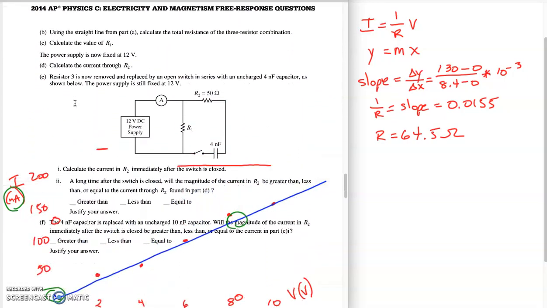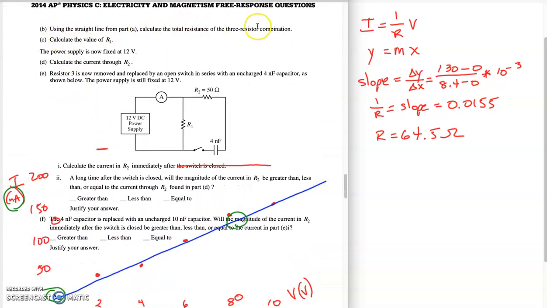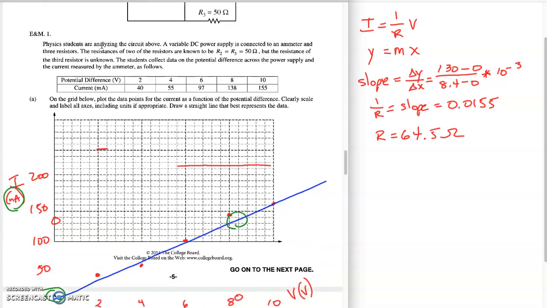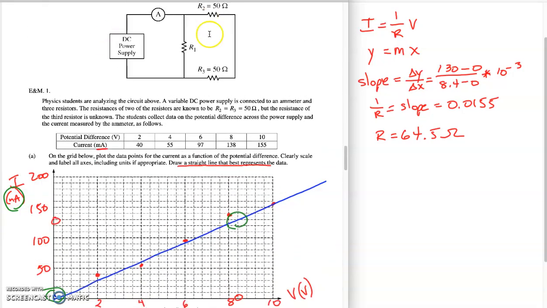Now, scrolling down, it says, using the straight line, calculate the total resistance, and now we're going to have to calculate the value of R1. Before I erase all of my graph stuff on here, let's scroll back up one more time and take a look at this resistance situation here, where the total resistance that we just calculated of 64.5, so R total, is going to be a result of R1 and R2 plus R3 in parallel.